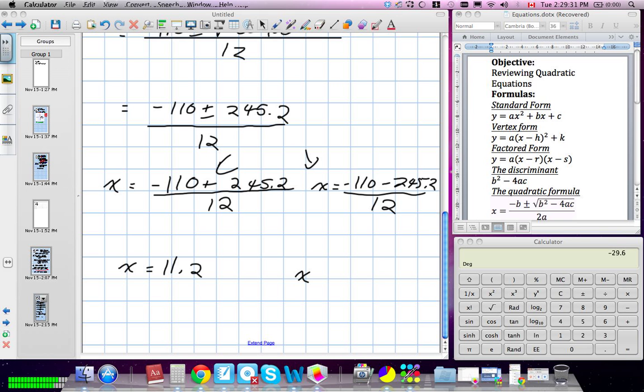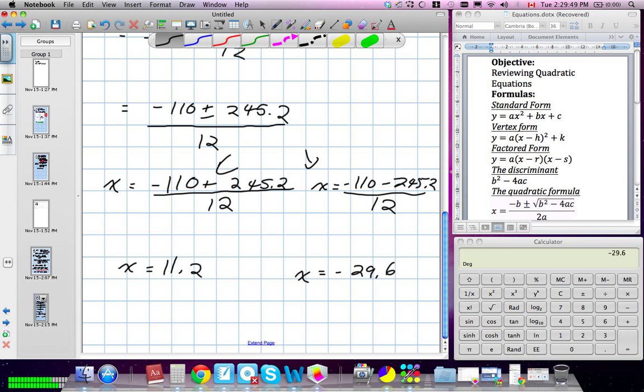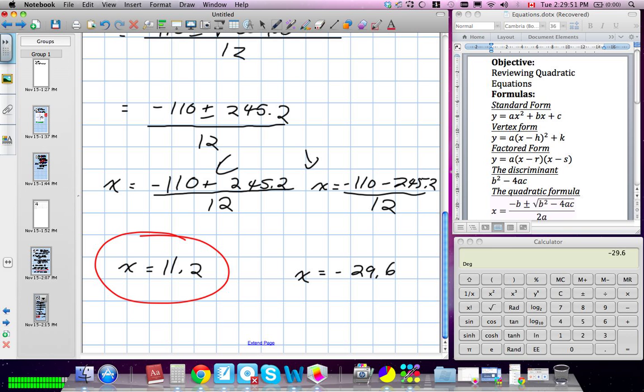Since we're starting at the year 2000 and we're going into the future, we have a growing population. We're going to be using the positive value as our answer. Since that's our positive value and they want to know what year it is, they're going to be looking for us to add that value to 2000.